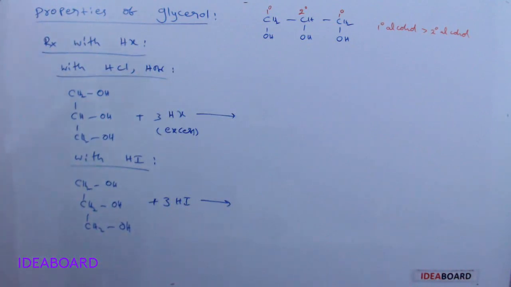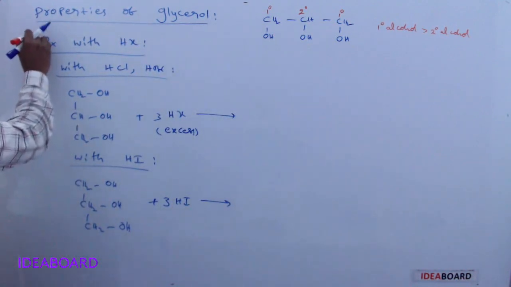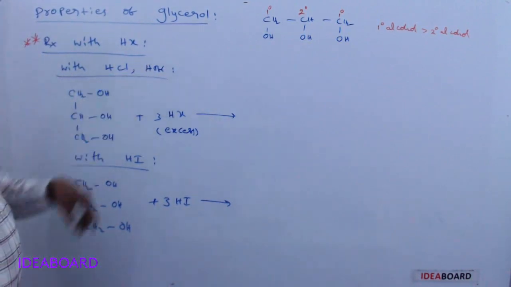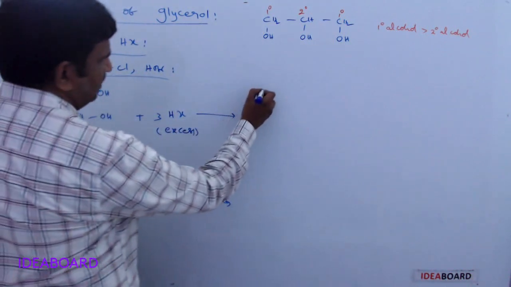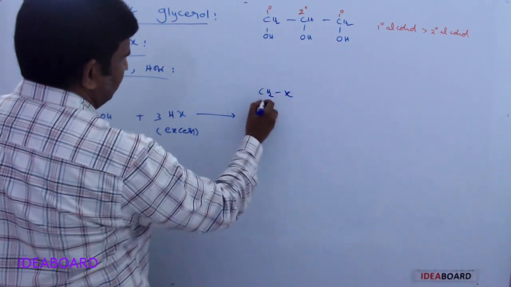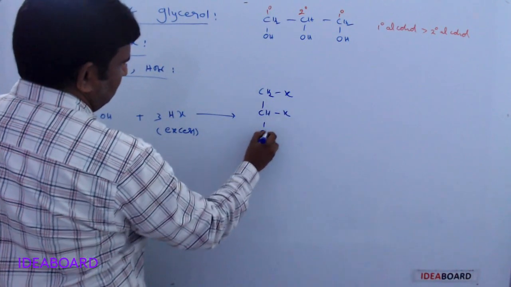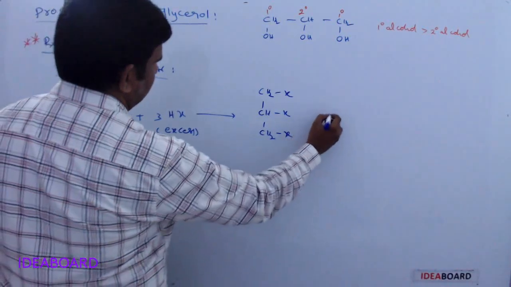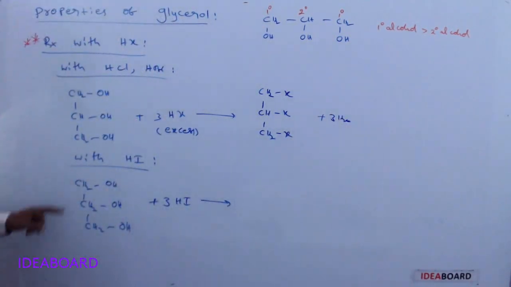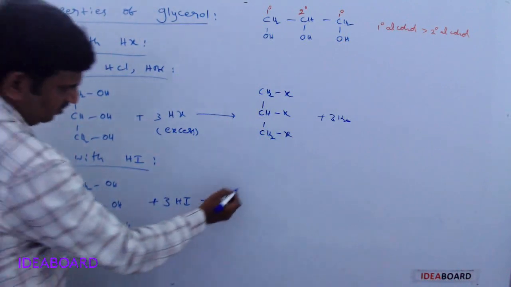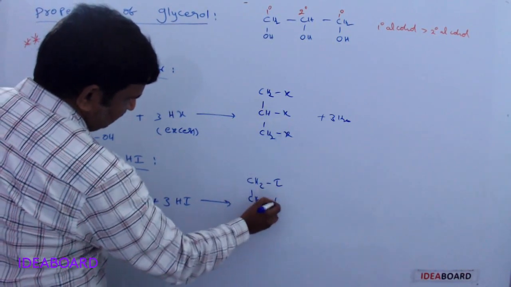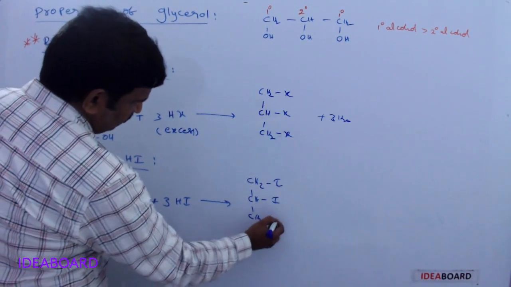The next important reaction is the reaction with HX. What happens here? If HCl or HBr is present, three groups are replaced. We will get CH2X, CHX and CH2X, the final product, with three H2O molecules. But with HI, if you have 3 moles of HI, first it forms CH2I, CHI and CH2I.